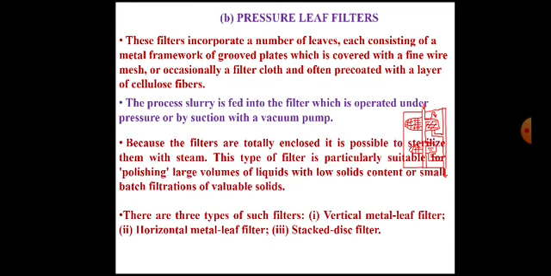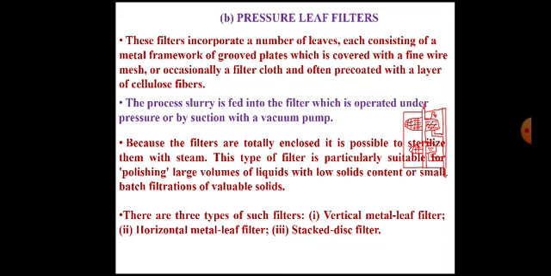These filters are totally enclosed, so it is possible to sterilize them with steam. That is the advantage. This type of filter is particularly suitable for polishing of large volumes of liquids with very low solid content, or small batch filtrations of valuable solids.